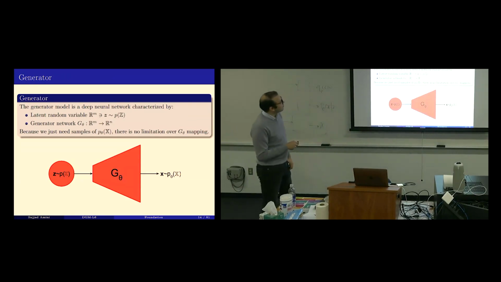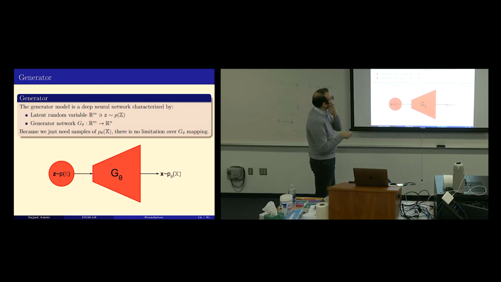Okay, the generator. Now we want to talk about exactly this module. The generator model is a deep neural network characterized by a latent random variable Z and the generator network G theta.